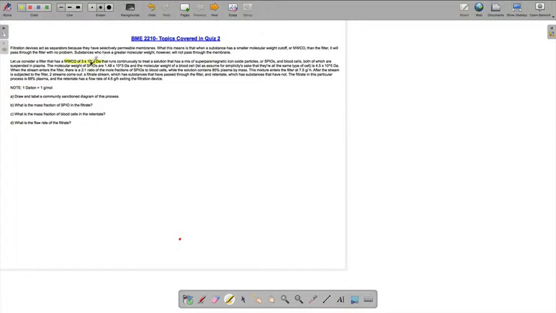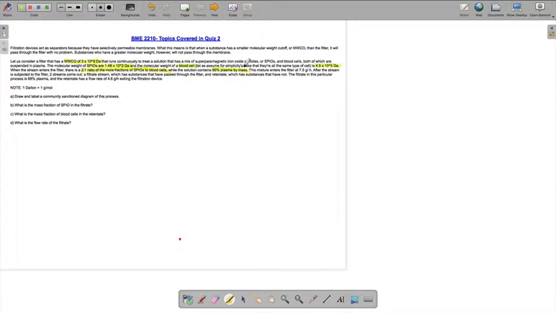The molecular weight of SPIOs is 1.48 times 10 to the 3rd Daltons, and the molecular weight of a blood cell, let us assume for simplicity's sake that they're all the same type of cell, is 4.5 times 10 to the 5th Daltons. When the stream enters the filter, there is a 2-to-1 ratio of the mole fractions of SPIOs to blood cells, while the solution contains 85% plasma by mass.